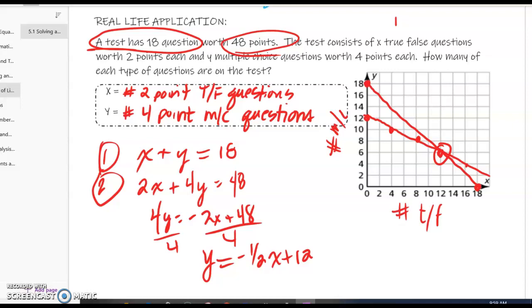So in this case, please remember, even though normally we give our answers as an ordered pair, make sure that you restate your answer clearly. So this means there were 12 true-false questions and then 6 multiple choice questions for a total of 48 points and for a total of 18 questions. And again, you can plug that in and check it in the problem.